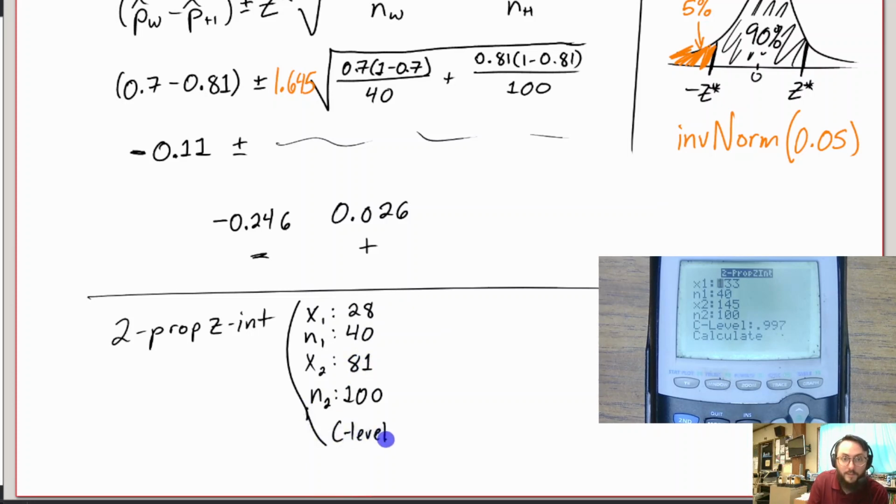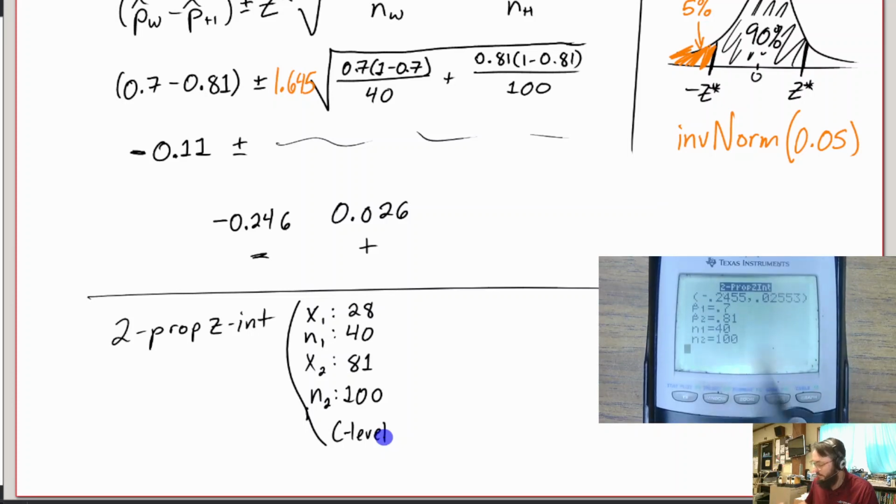And we also need to specify our confidence level. Let's see, 28, and 81. Our confidence level is 0.9, right? 90%. Calculate. Boom.